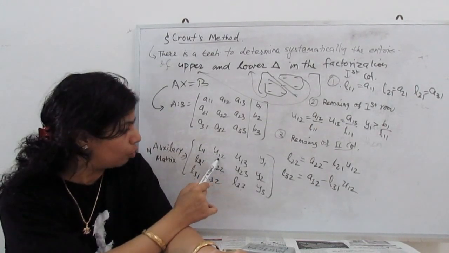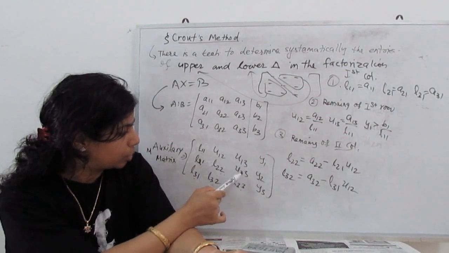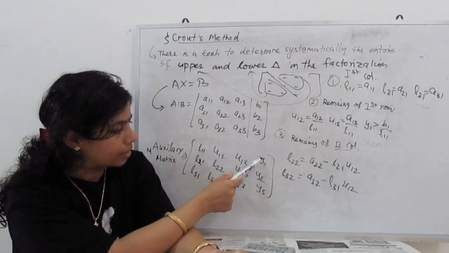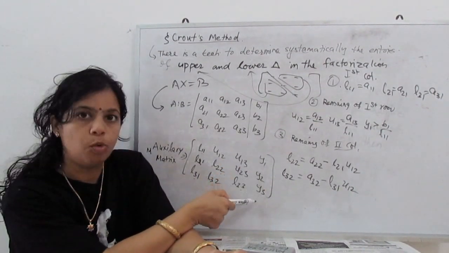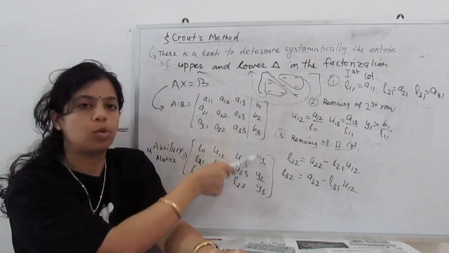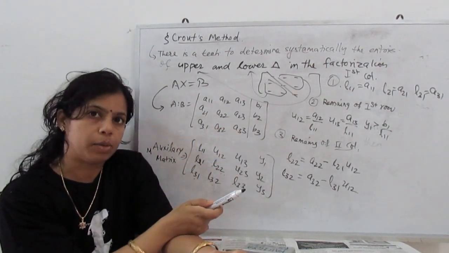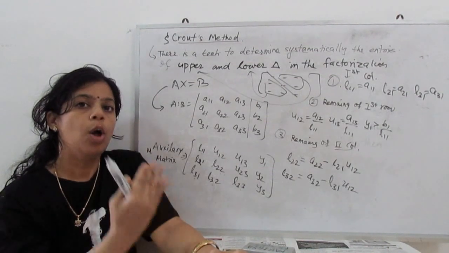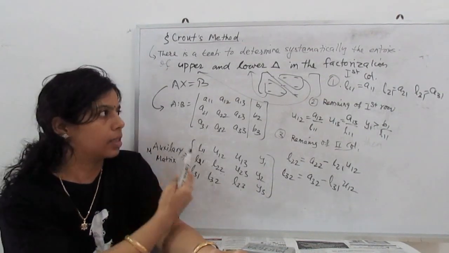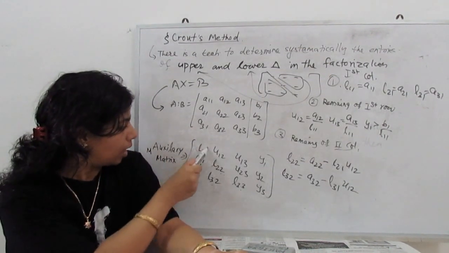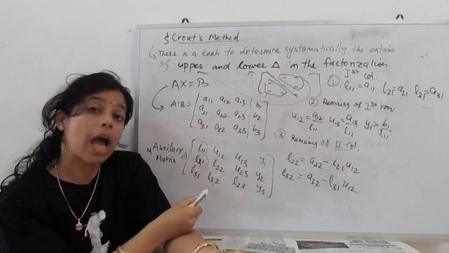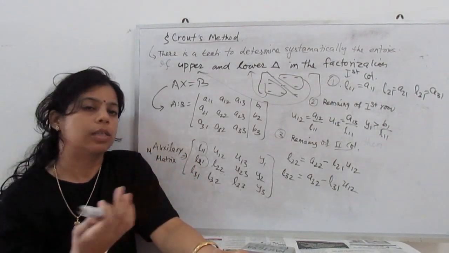We name them U12, U13, this is U23, and this is y1, y2, y3, which we calculate with the help of b1, b2, b3. First we will discuss how to calculate these elements, and after that go for some examples.